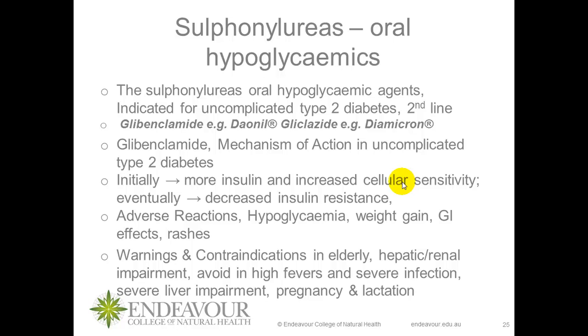The adverse effects of glibenclamide include hypoglycemia, as they may over-exaggerate their action. One problem with these oral hypoglycemics is the weight gain that some people then show, and then, as usual, gastrointestinal disturbances and hypersensitivities such as a rash.